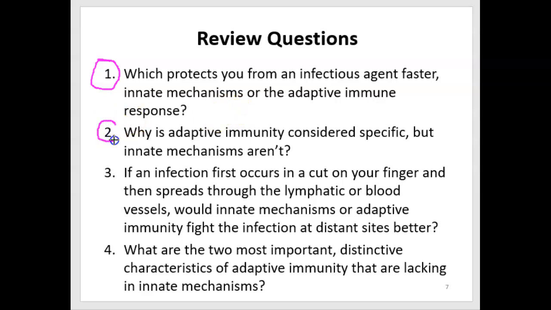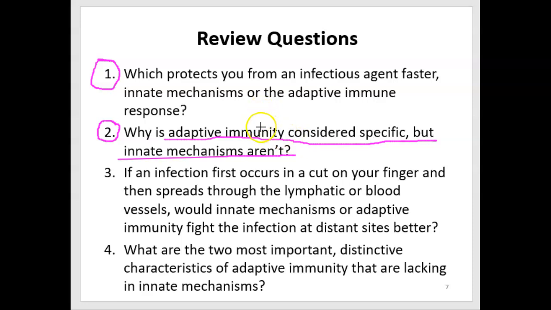Let's look at number 2. Why is adaptive immunity considered specific, but innate mechanisms aren't? Well, to let you think about it, you can pause for a while. But innate mechanisms, resistance, happens the same way no matter which pathogen it's fighting.